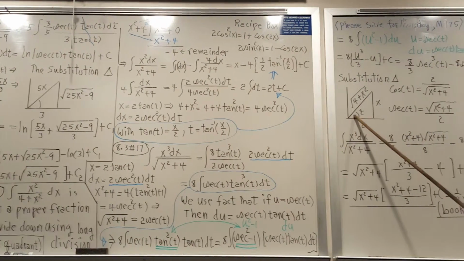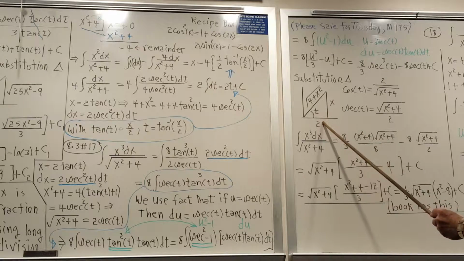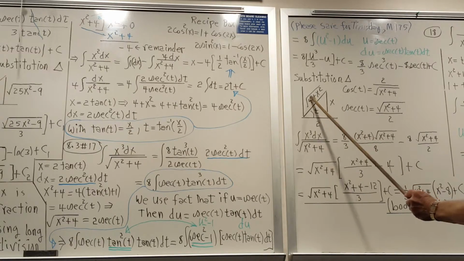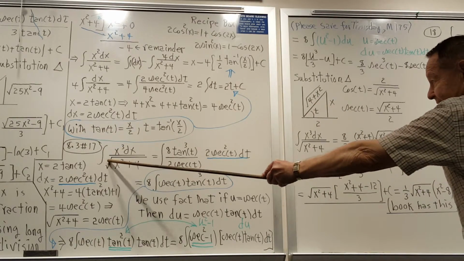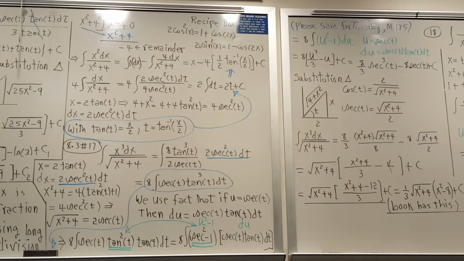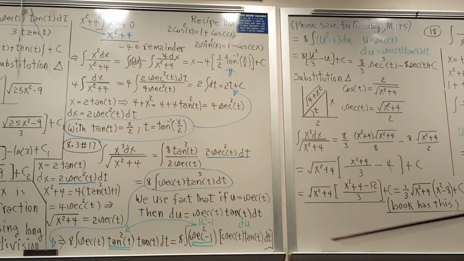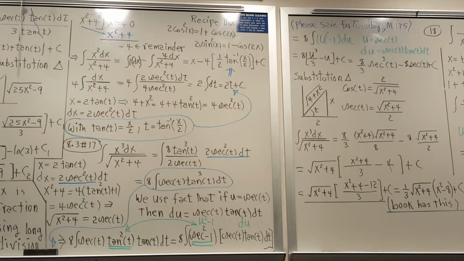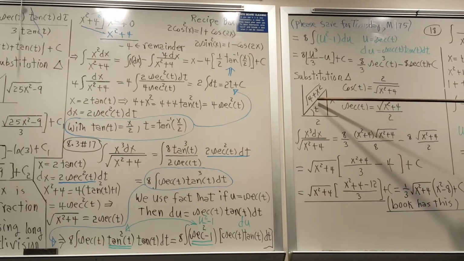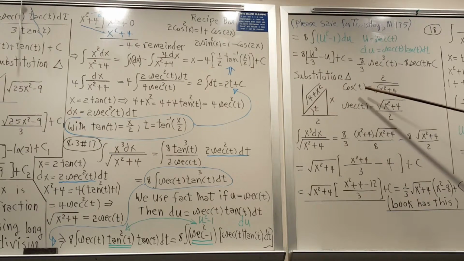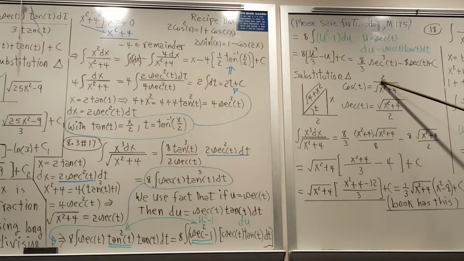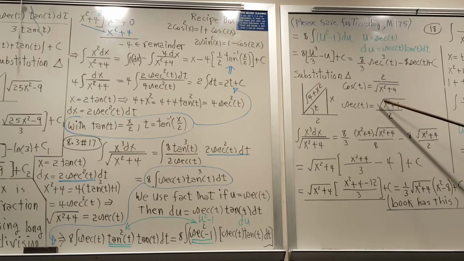So here's my triangle. Here's my x, my 2. My third side, sure enough, is the square root part that we got into all this trying to avoid. And then I can look at this and I can see how to write cosine and therefore how to write secant.